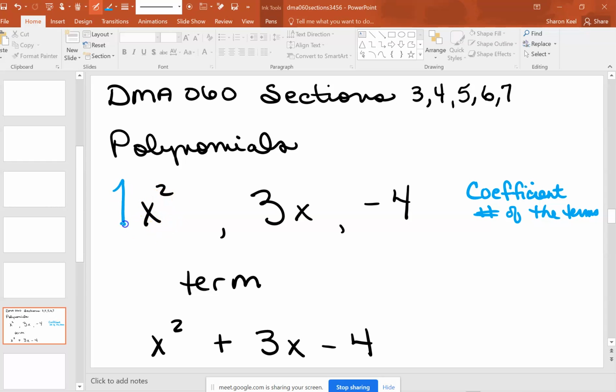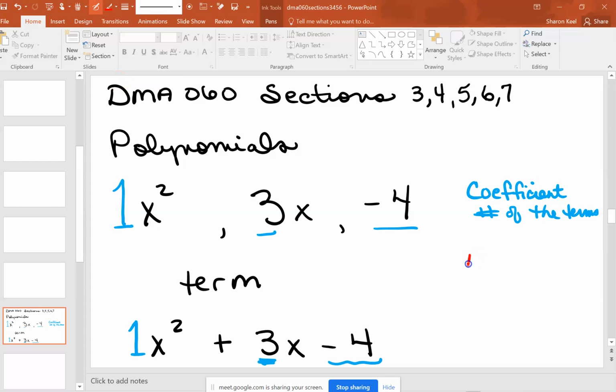The understood whole number would be a 1, so the coefficient of this term is a 1. The coefficient of this term is the number 3. And the coefficient of this term would be considered the whole thing, the -4. So the coefficient I have underlined here in blue.